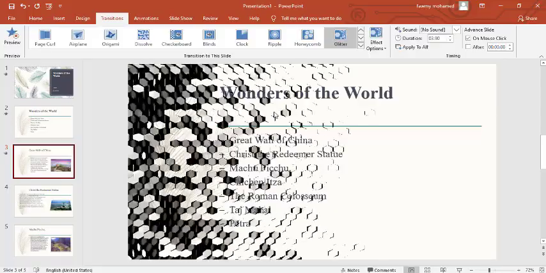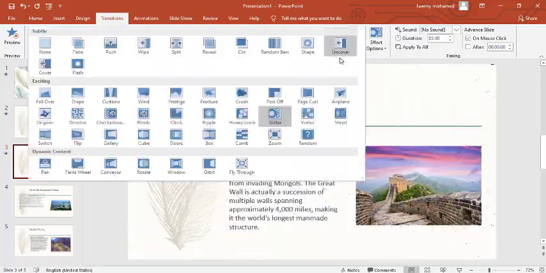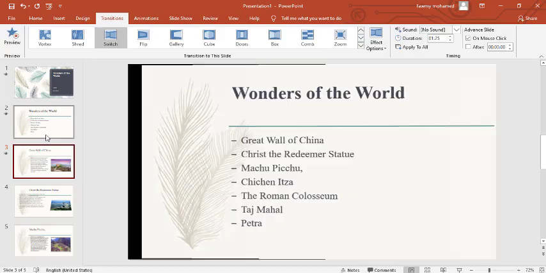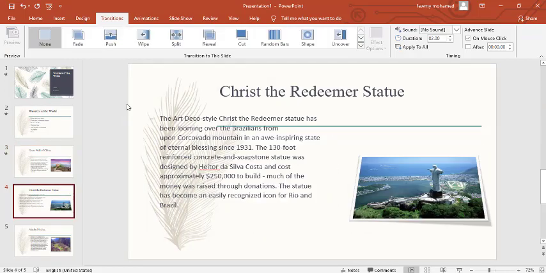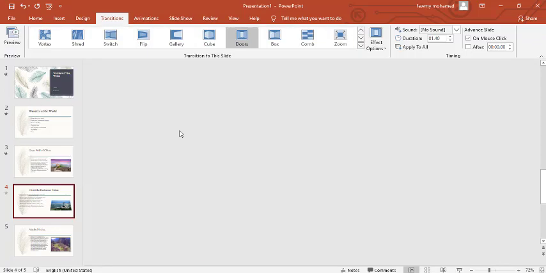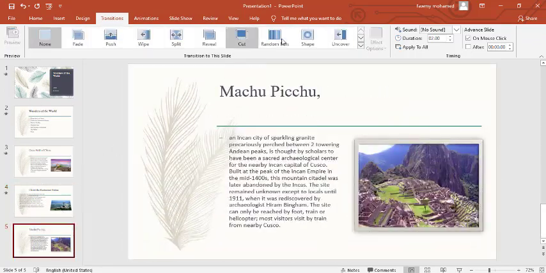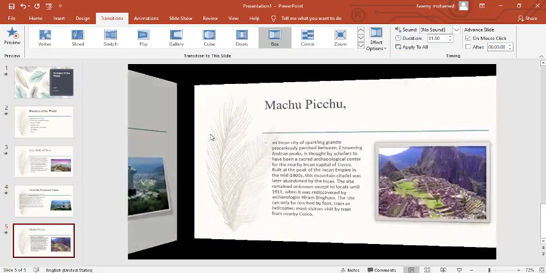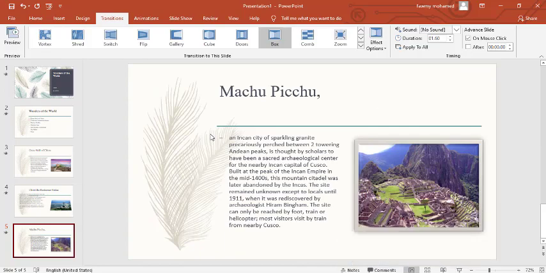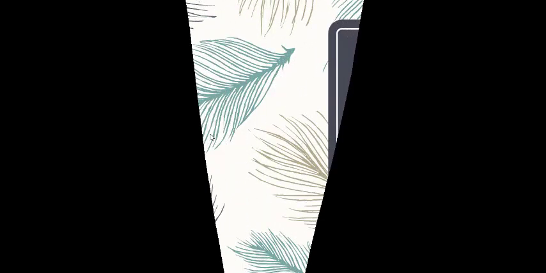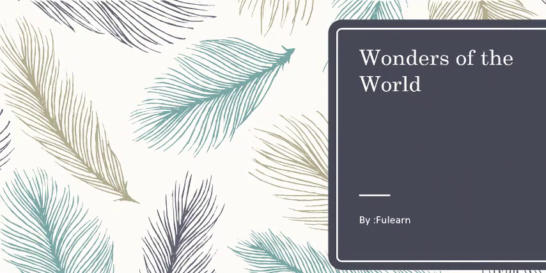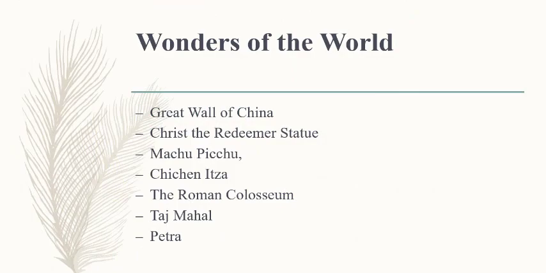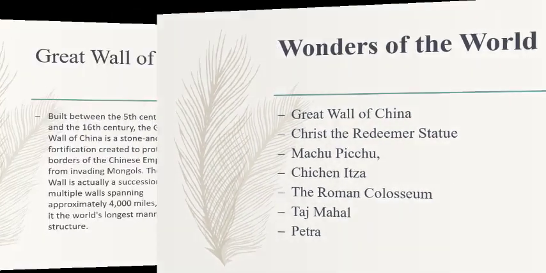There's a lot of transitions here. And if you press F5 to play, you can see like this, it's playing. If you click the mouse or press the keyboard, it's playing.